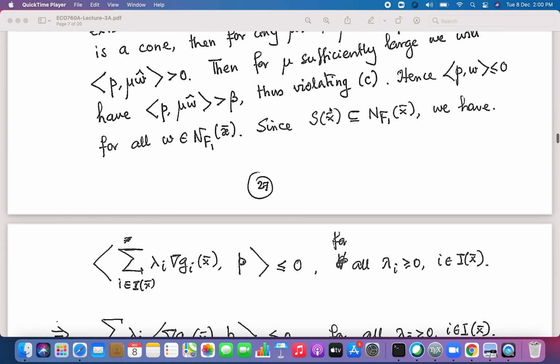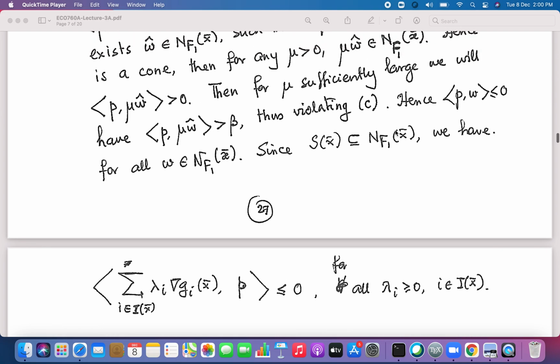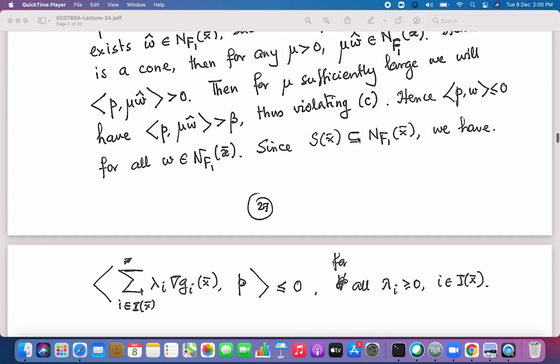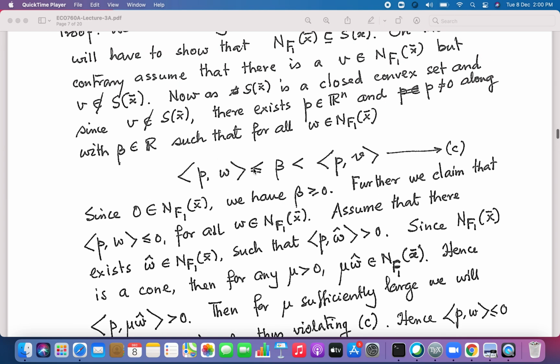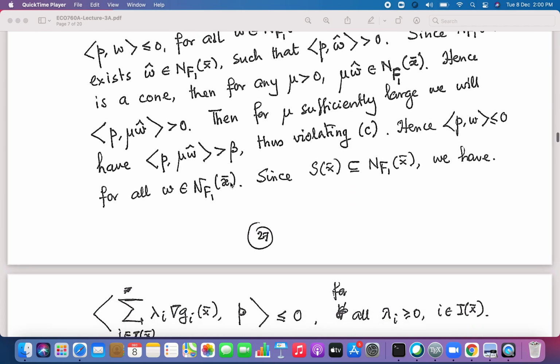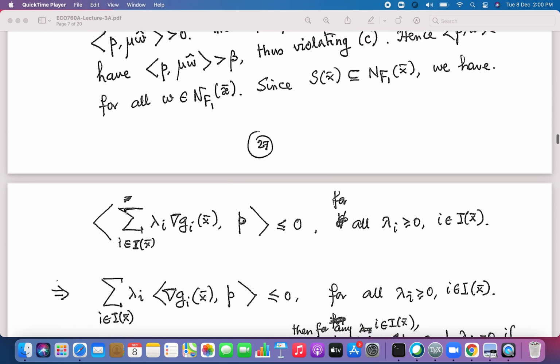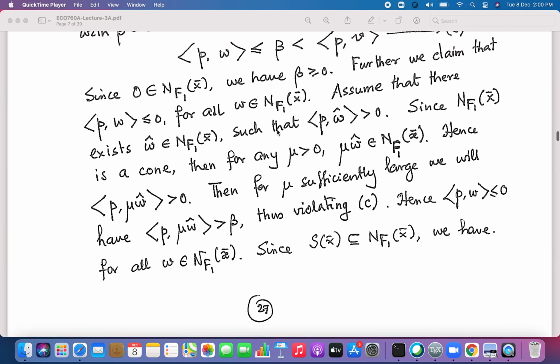Now, since Sx bar is in NF1 x bar, this is not required because this is true for Sx bar. So what does an element of Sx bar look like? Any element of Sx bar would look like this. This part has to be changed when I type it.